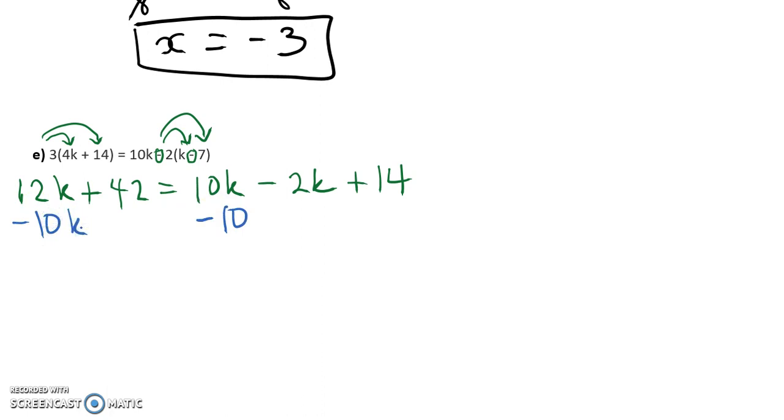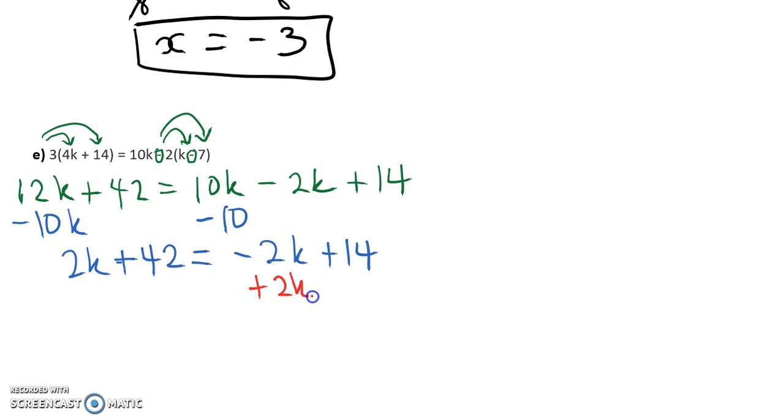I'll subtract it, so I get 2k plus 42 is equal to -2k plus 14. I still don't have all the pronumerals on the left, so I'm going to add this 2k to the other side, to the left-hand side that was. So now I've got 4k plus 42 equals 14.